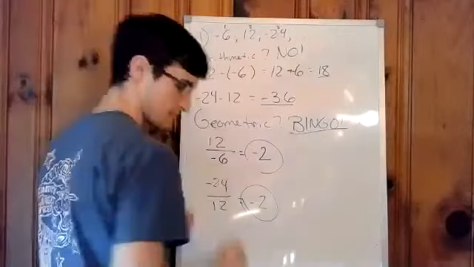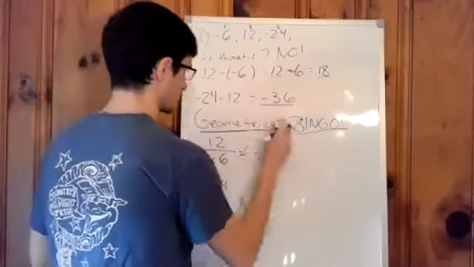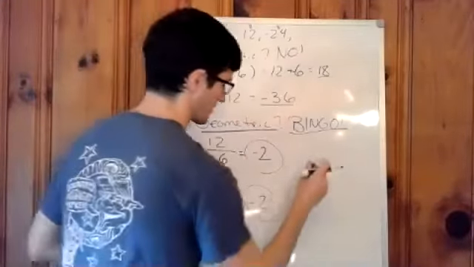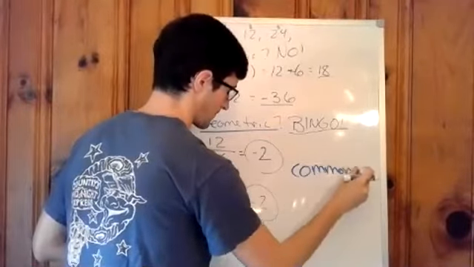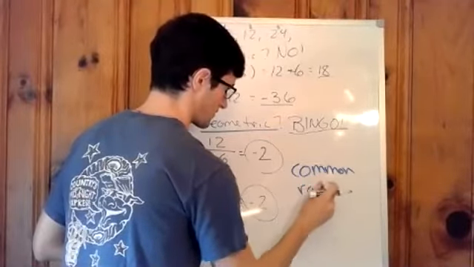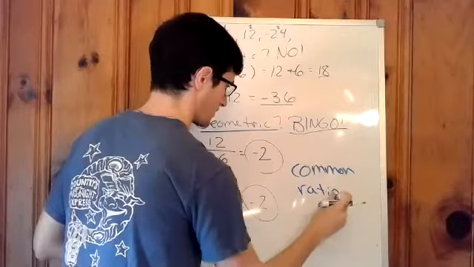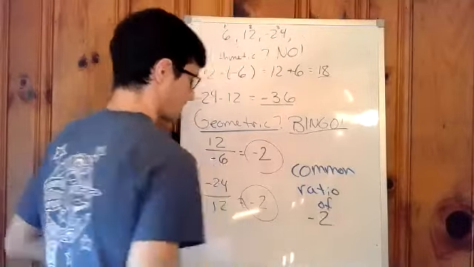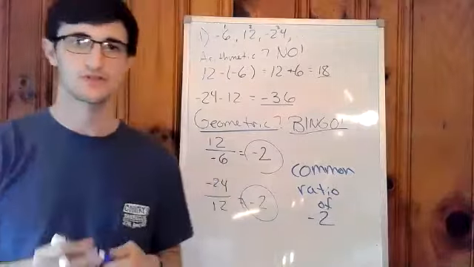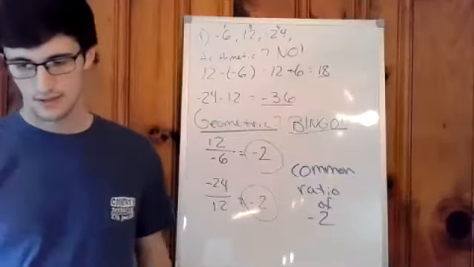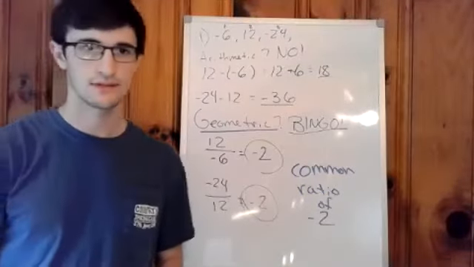So this is a geometric sequence with a common ratio of -2. So you can put r equals -2 or common ratio -2. Either one right there.